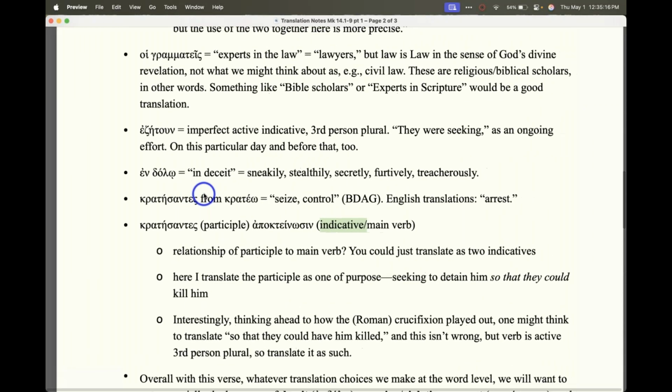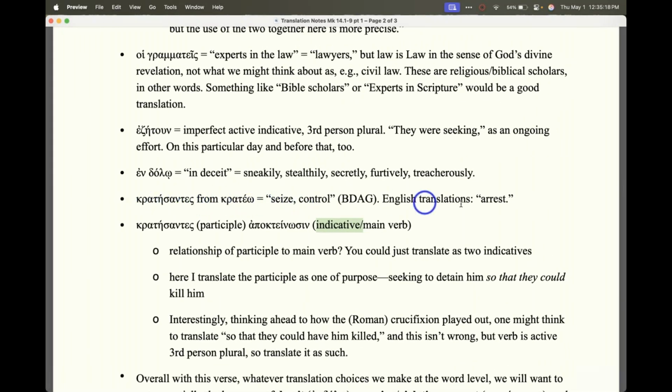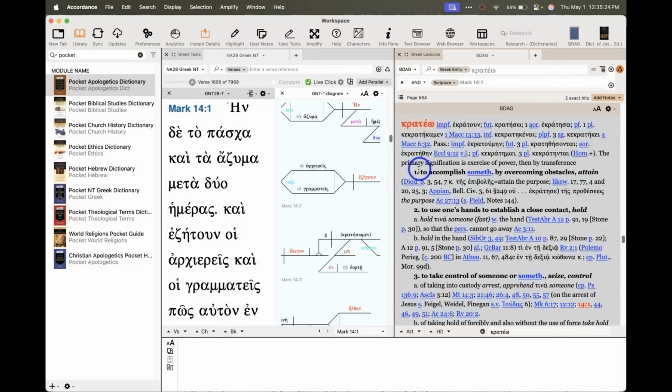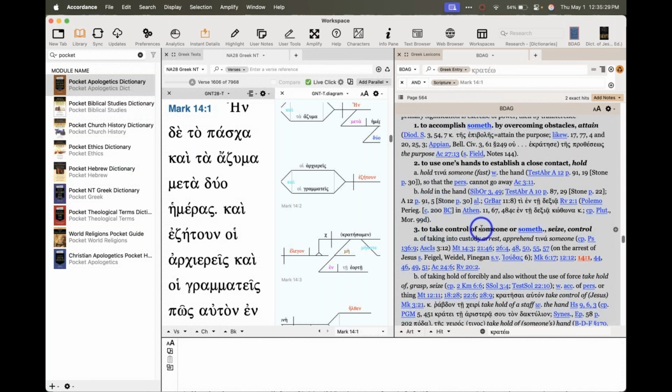Just more on this word: detain or arrest or seize or control. Again, you've got a range of options for translation. BDAG does give us a reference here under 'to take control of something or someone, seize, control.' And they give here 'to take into custody, to arrest, to apprehend.' I think detain is a good word.